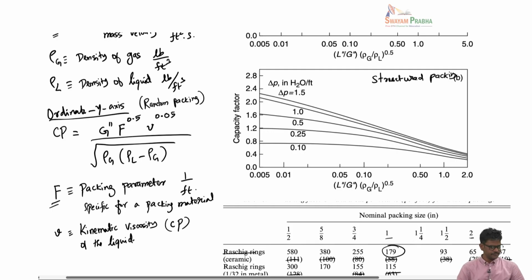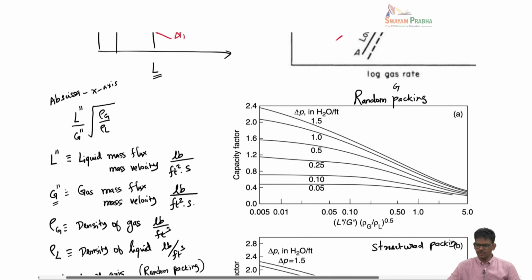Now, another thing we have to be careful about is that this pressure drop is given in the units of pressure drop per unit length of packing. This is not the total pressure drop, this is pressure drop per unit length. Why it is given per unit length is because then the dependence on the packing height is not relevant anymore.